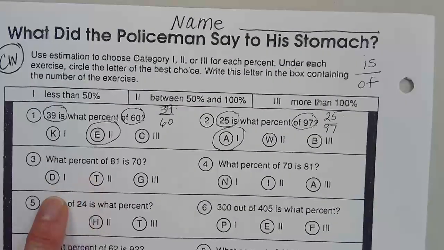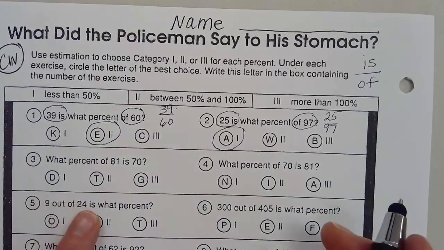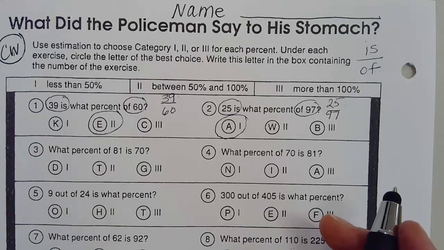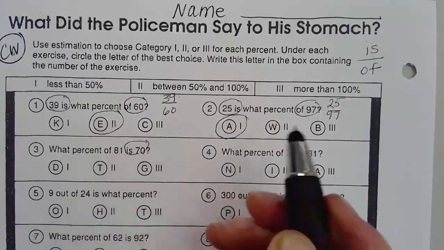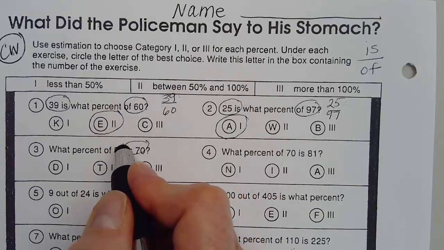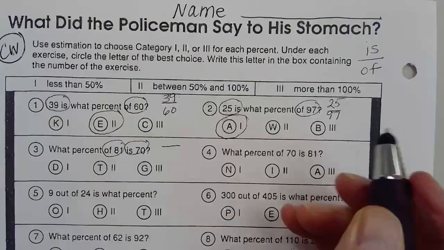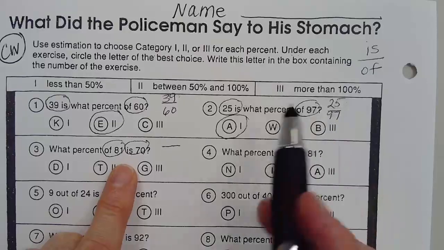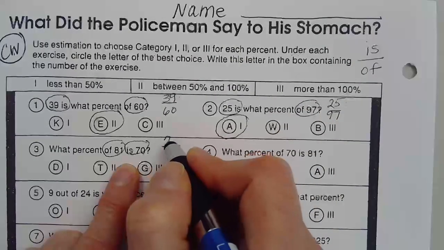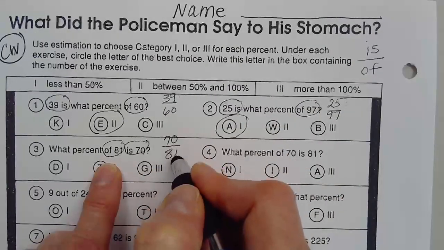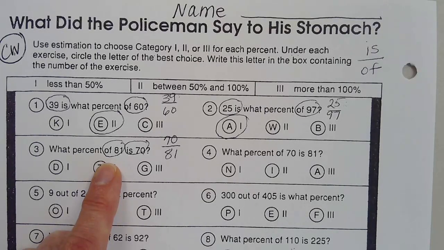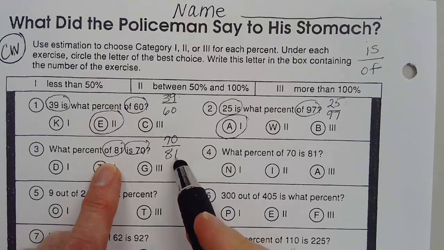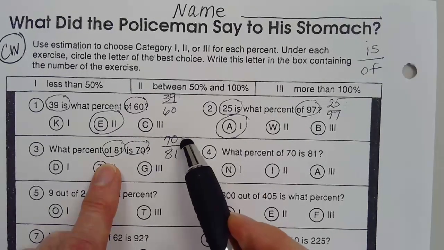Okay, next one. What am I going to circle? So 70 goes with what? Is. What am I going to circle for 81? Of. So when we do this, what has to go on top? Is. What's my is number? 70. What goes underneath? 81. 81's really close to what? Well, think. 80, right? What's half of 80? 40. I've got 70.